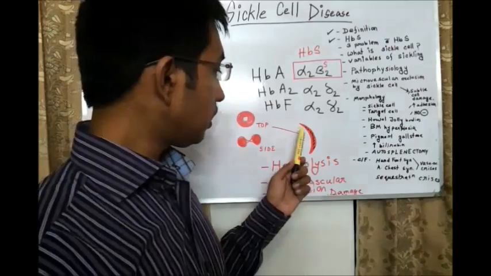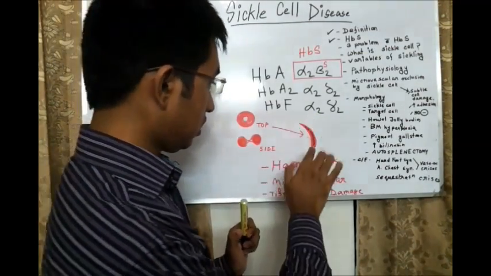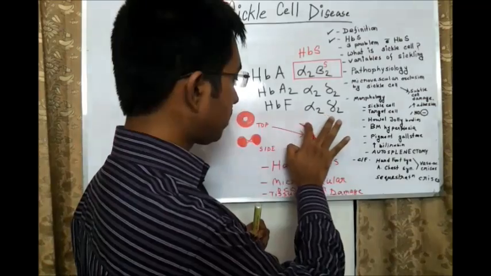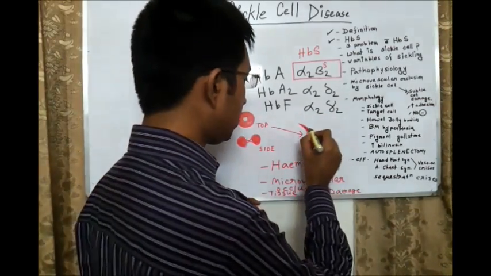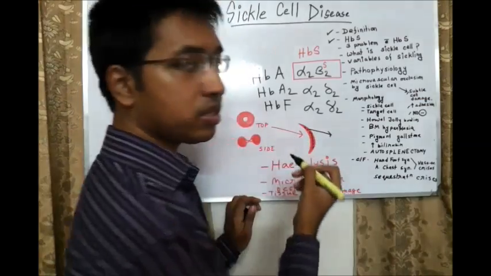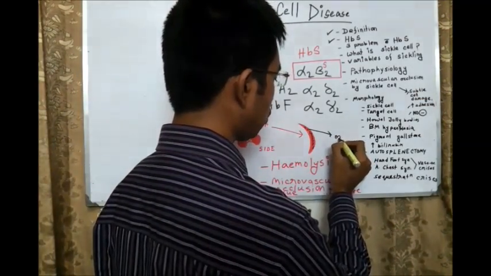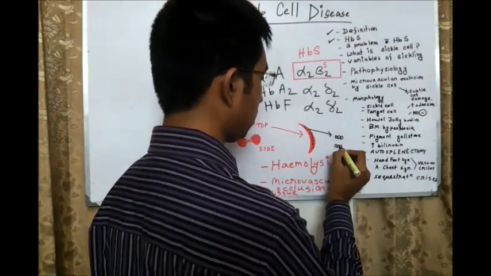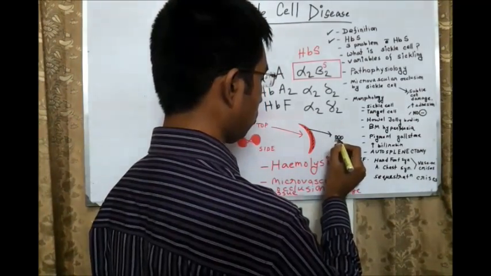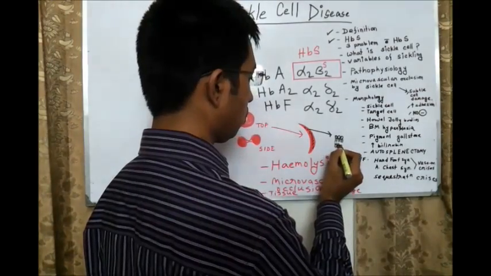And what will happen? These needle shape structures will herniate through the cell membrane of the cell. Always remember, if we zoom this part, this is a cell. So all cell membranes are lipid bilayer. I am sure you have seen a picture like this in your physiology lectures, you know. These are lipid, these are also lipid.